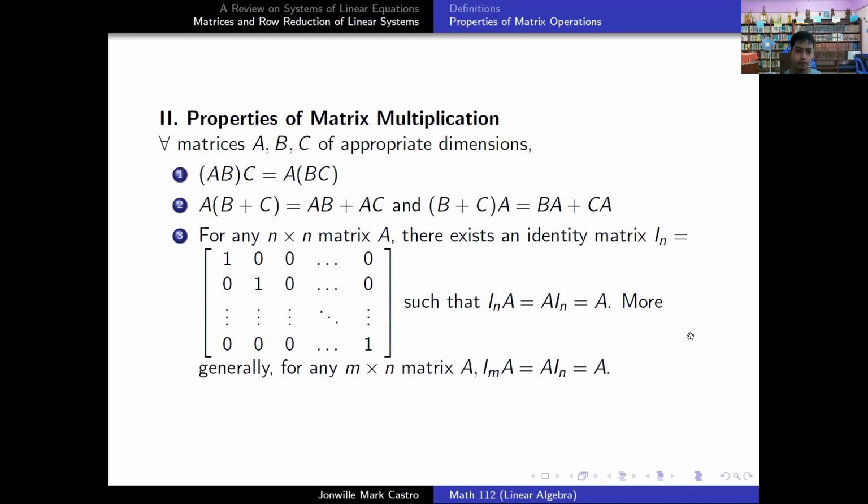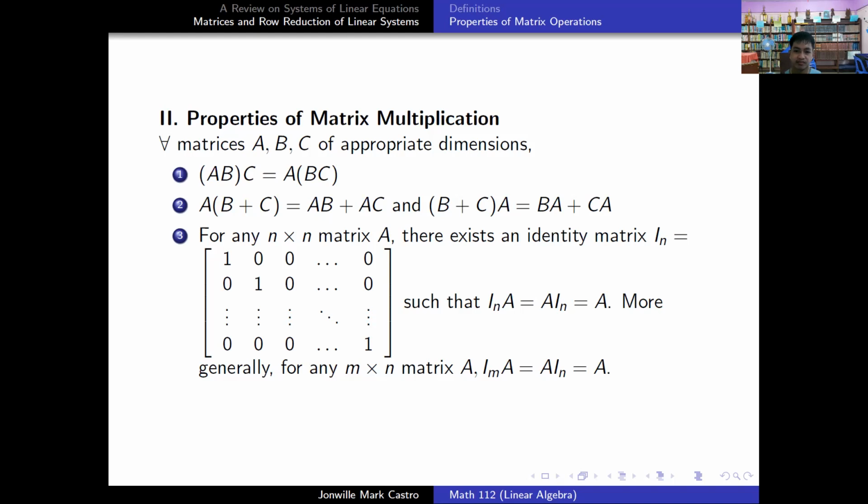Next, we have properties of matrix multiplication. For all matrices A, B, and C of appropriate dimensions, we have the associativity property. Next is the distributive property and identity property.